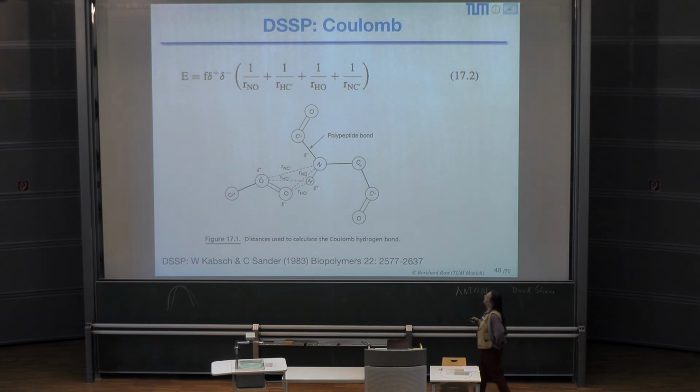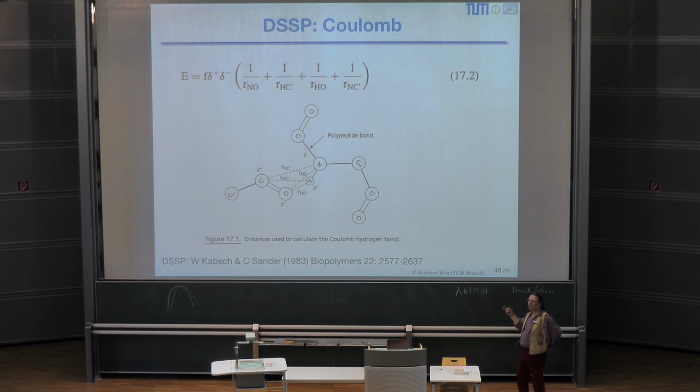And again, now what we're doing is first we're going to find hydrogen bonds. How do we define hydrogen bonds? Well, simply we look at the distances between the atoms, and according to the distance we have some threshold. If that distance is below some threshold, then I call it a hydrogen bond.